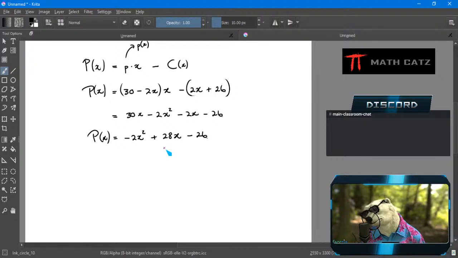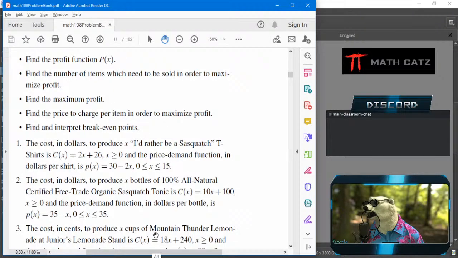All right. So let me check out what else they want me to do. A whole bunch of things apparently. Find the number of items which need to be sold in order to maximize the profit. In the beginning, this question might not have made much sense.